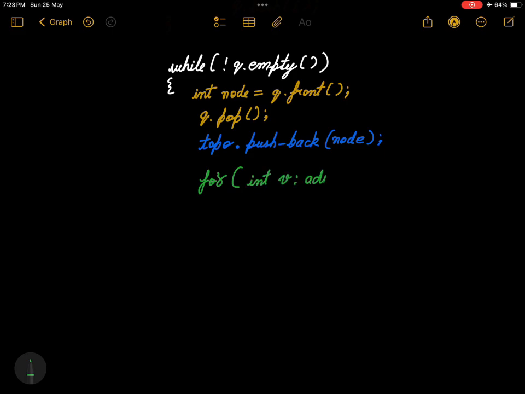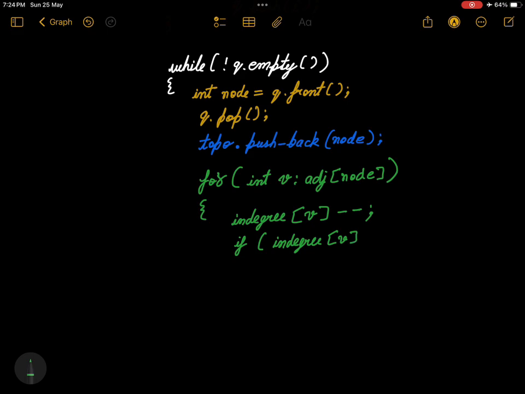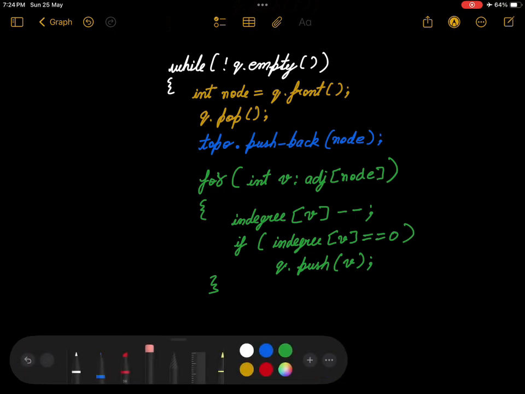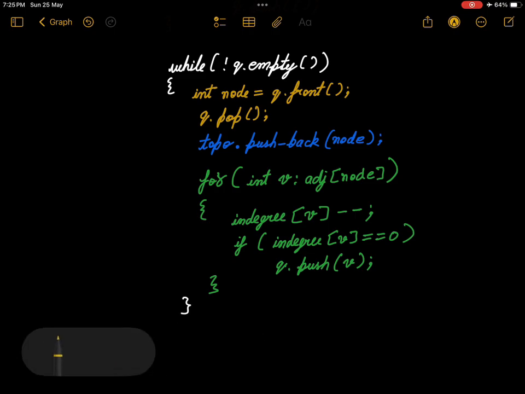Now let's traverse the neighbors, and what we will do is for every neighbor we are visiting, we will decrease its in degree by 1 because we are reducing its dependency by 1 for this node. And whenever we find a neighboring node with in degree 0, we will push it into the queue for processing further. Okay, and that's it, our topo sort is finished.